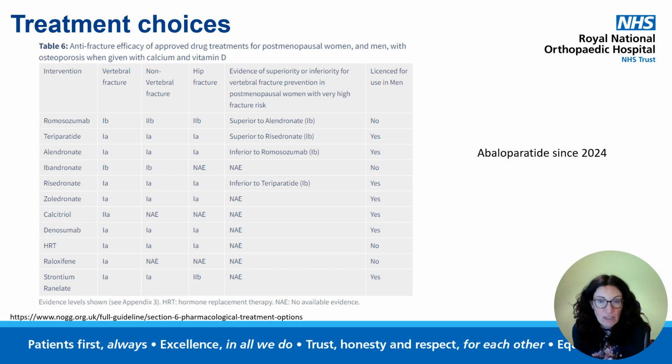But can I get an osteoanabolic for my patient? That's my number one thing. And then if I can, which one? And otherwise, which one of these treatment choices would be best for my patient? It may be that, in the case of teriparatide, I need a certain T-score, or it may be that in the case of abaloparatide, I need a certain fracture risk.